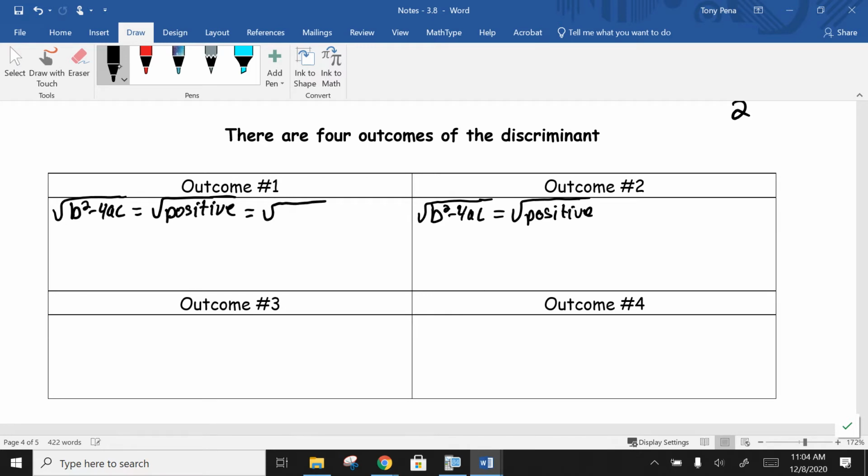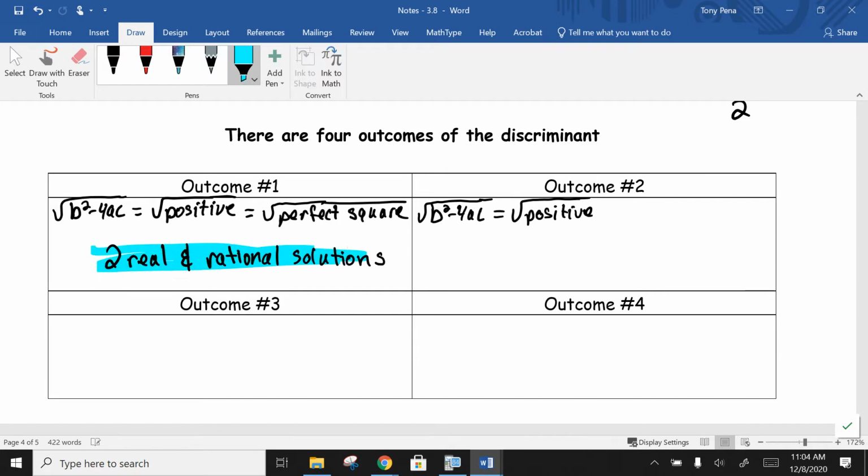If we end up with a positive number that is a perfect square, then we're going to get 2 real and rational solutions. Basically, we get nice numbers like 6, -4. We don't get the weird radicals in our answer. All right, so if that's our combination, we know we get 2 real rational solutions.